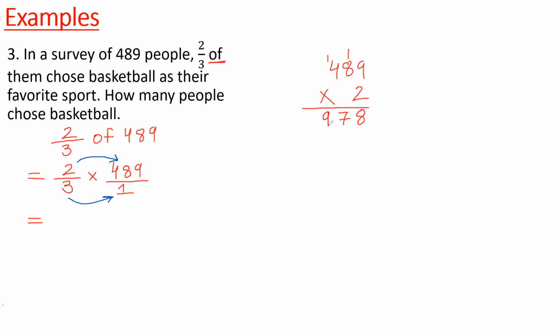And so 2 times 489 is going to give us 978. And Bree, what is 3 times 1? 3. 3, very good. And so now we have 978 divided by 3.